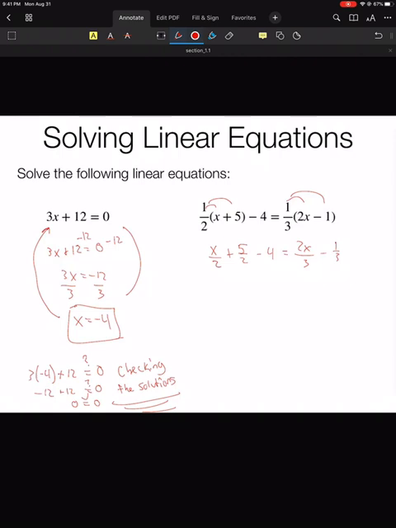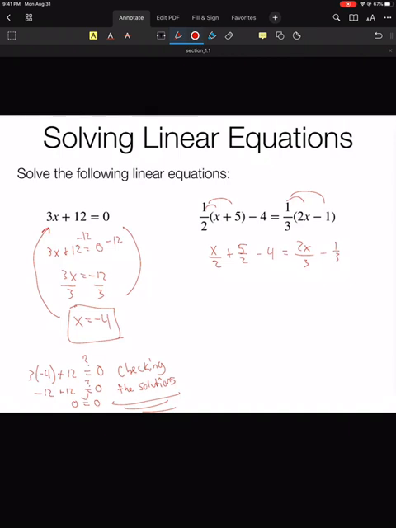The next thing I need to do is combine like terms and get x alone on either side of the equation. So I think the easiest thing to do will be to combine like terms. And what we need to do is find a common denominator.